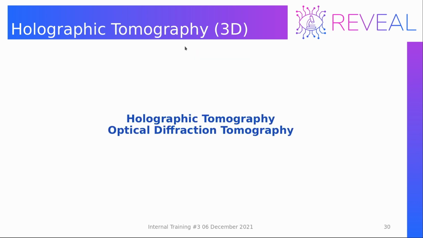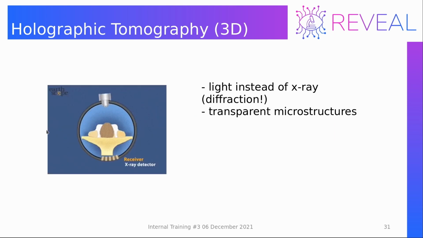So now let's move on to holographic tomography, no longer microscopy, but tomography. This is a technique that moves from 2D to 3D. It's called holographic tomography, but sometimes it's also called optical diffraction tomography, and it's the same, so don't get confused. Holographic tomography is like a CT scan, the computed tomography that you can get at the hospital.